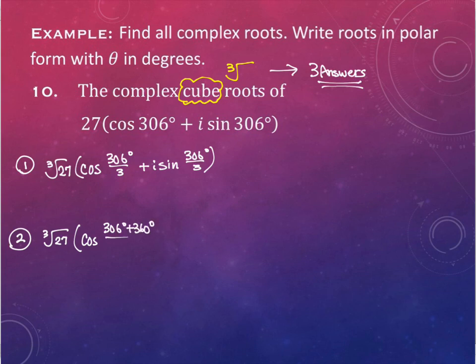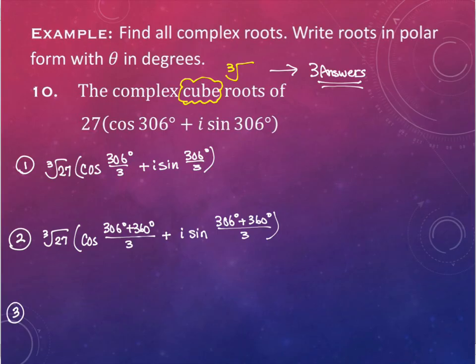I'm going to write it out like this myself, that way, in case you look back at it later, maybe you remember where this number comes from, because it's going to look like a funny number. Then we have i sine, and it's 306 plus 360 divided by 3. So this is answer number 2.